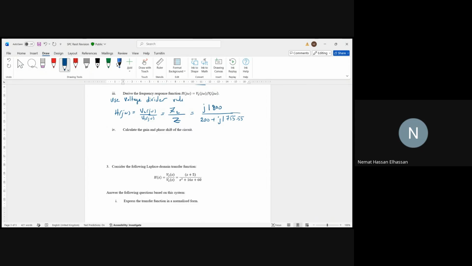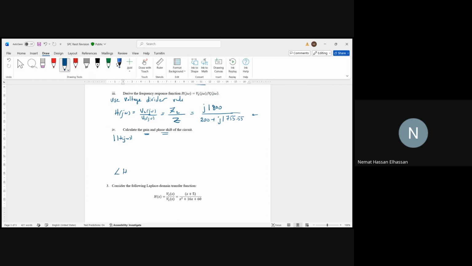And then we're asked to find the gain and the phase shift of this circuit. So to do so, I'll have to evaluate the magnitude. The gain is the magnitude of H(jω), and the phase shift is the angle theta of H(jω).